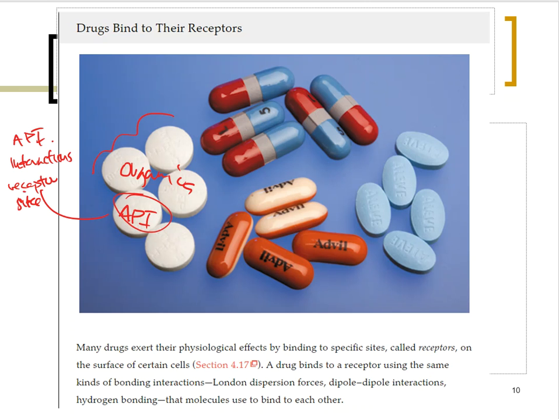And these APIs are also organic structures. So this API goes to this site that we call the receptor site, and they begin to have an interaction between the two. And this is what makes that ailment go away, or it's what makes that ailment a little bit better for you. Maybe it can't disappear, but it gets better over a course of time.